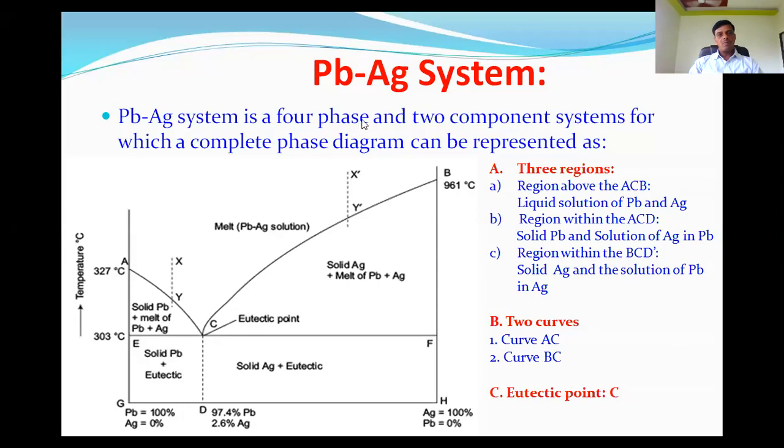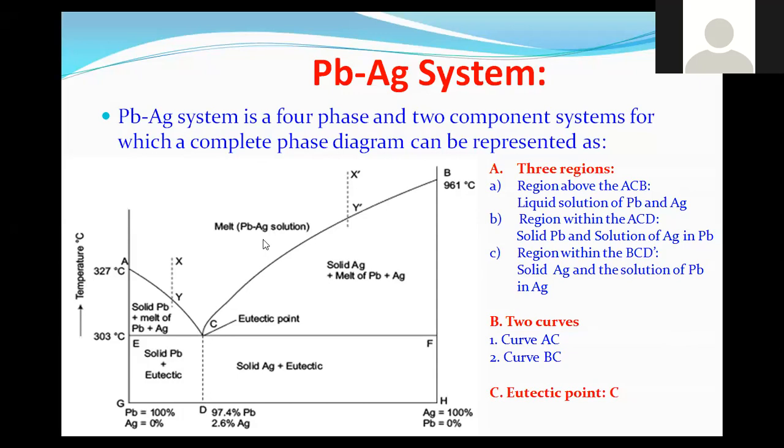I was explaining to you the lead silver system. The lead silver system is an example of a two component system. This system consists of three phases, namely solid lead, solid silver, and solution of silver and lead.